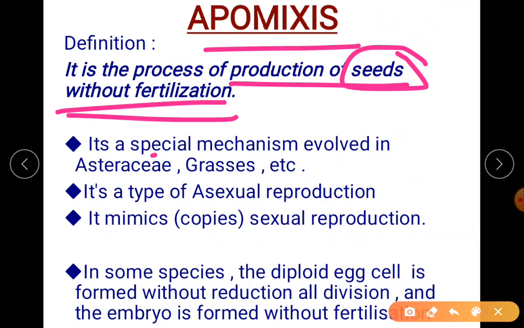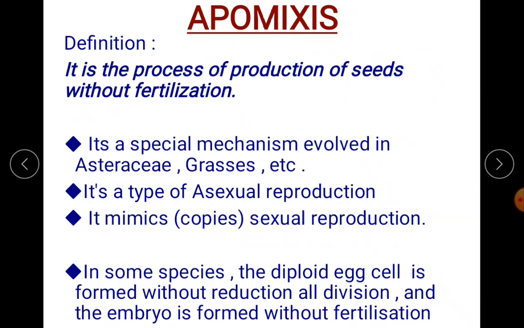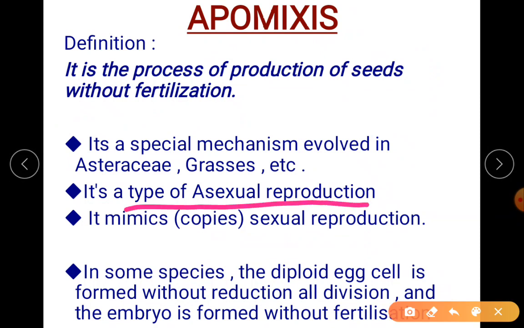So this is a special mechanism evolved in Asteraceae, your sunflower, your grasses, your sunflower families, all which flowers look like sunflowers, they all come under Asteraceae. Okay. Then it is actually a type of asexual reproduction. Why?